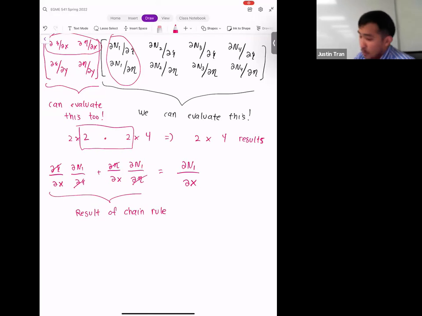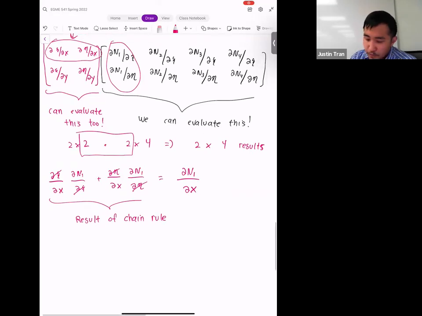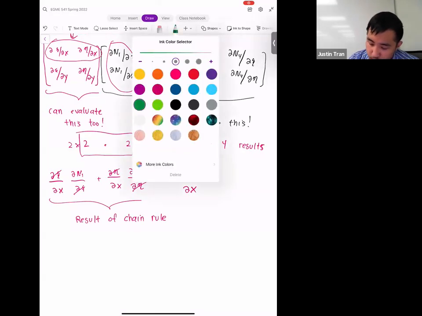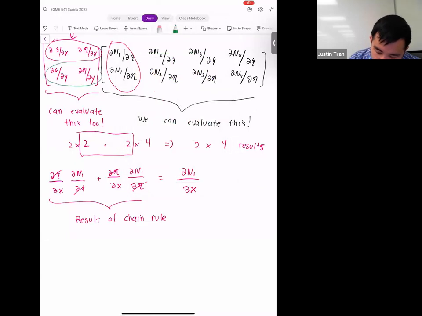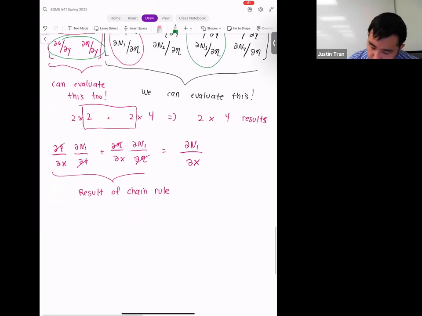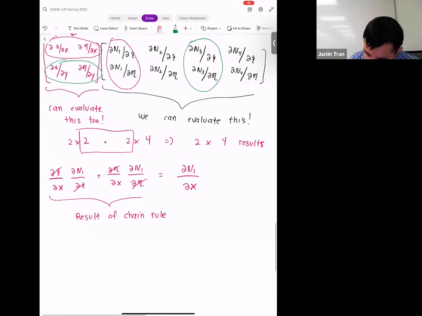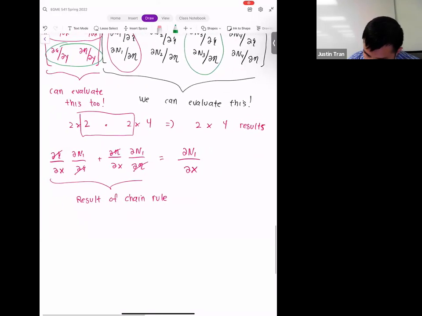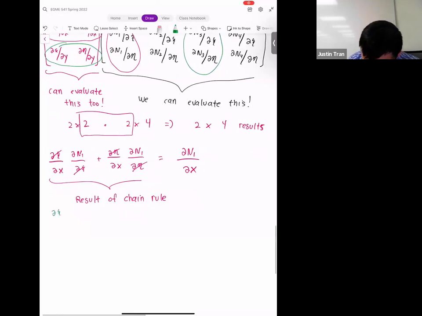And let's do one more just to prove to you that it works. Let's do this row right here, and let's do this column. If we evaluate that, we have partial epsilon, partial y, partial n3, partial epsilon, plus partial eta, partial y, partial n3, partial eta.